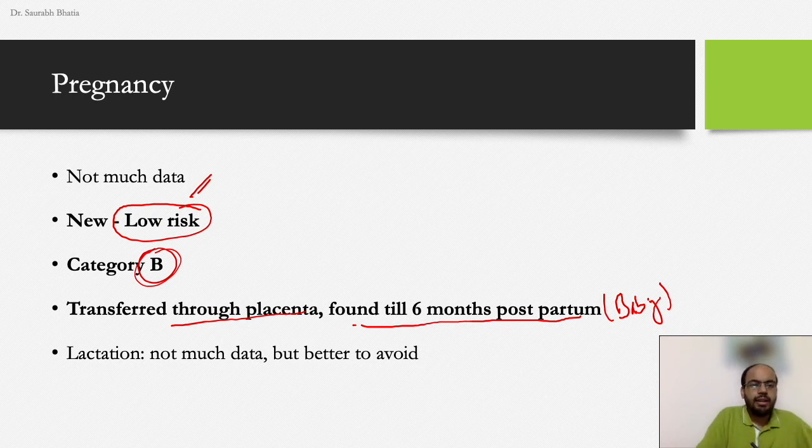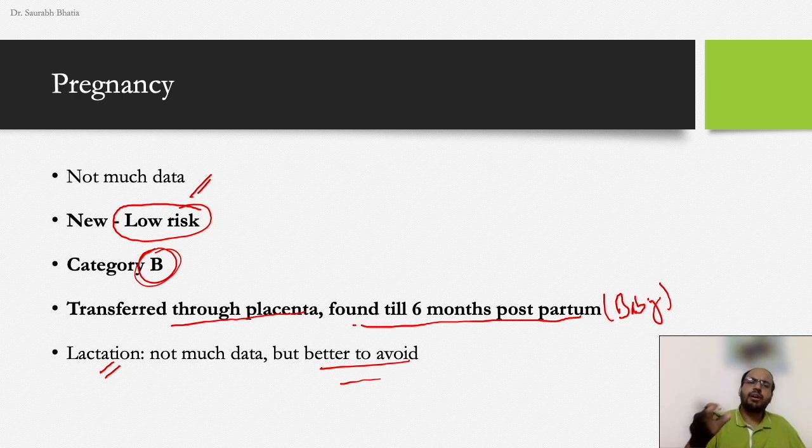There's not much data in lactation, but it's better to avoid it because there is always a theoretical transmission of these molecules to the baby. And unlike adalimumab, where we mentioned that even if it goes inside the GI tract of the baby, it might get destroyed by the stomach acids, the localized action on the intestines has not been studied as well.